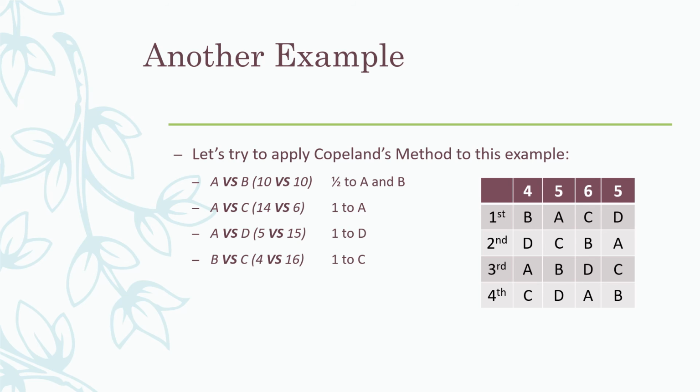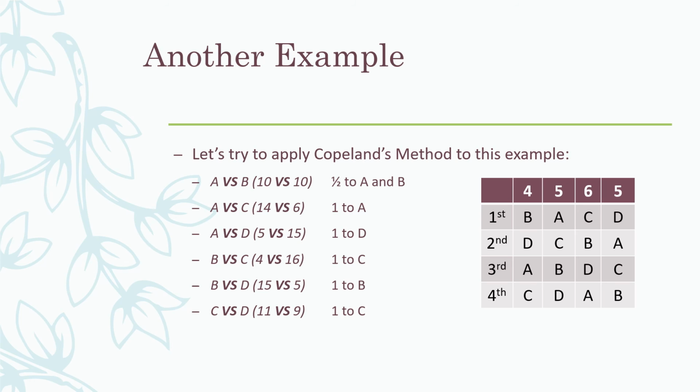Okay, B versus C, same kind of idea. Well, 4 people said that B was better, but that's only in the first column. And the second, third, and fourth all say that C was ranked higher than B. B versus D, well, 15 people said that B was better, and 5 people said that D was better, and that specifically was in the last column.